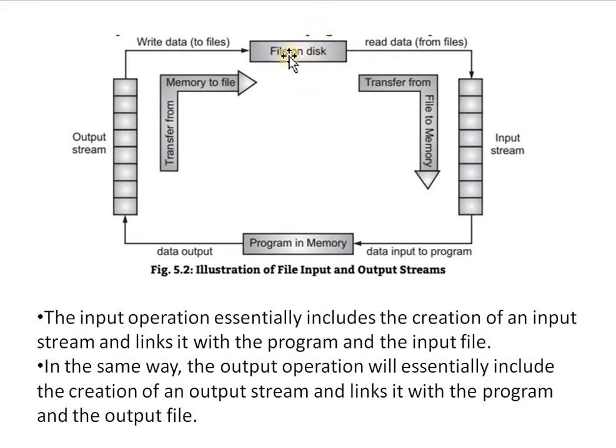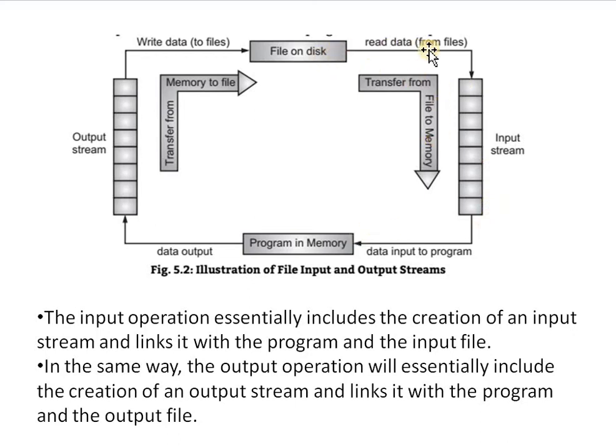In a disk, we store files. Here are different files that are stored on a disk, and here is a program memory. When we want to read the contents of a file, then by using the input stream, the contents of that particular file are transferred to the program memory.